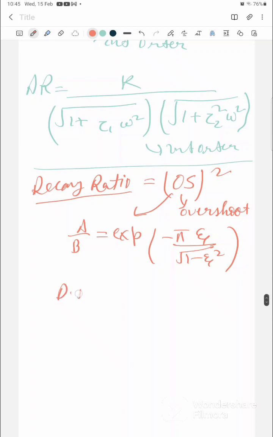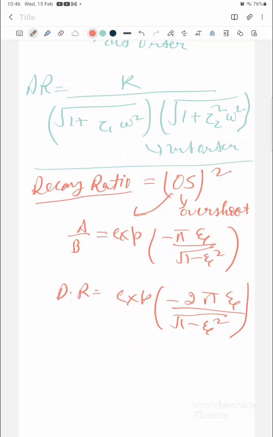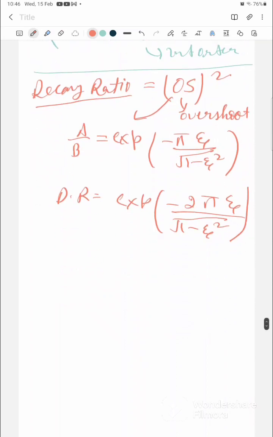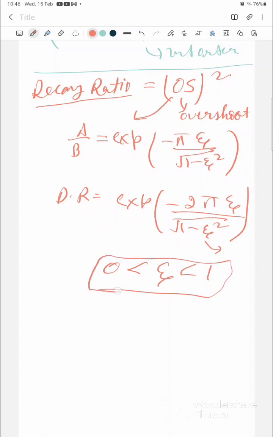So decay ratio comes out to be exponential of minus 2 pi zeta by root of 1 minus zeta square. Zeta between 0 to 1 has specific meaning.